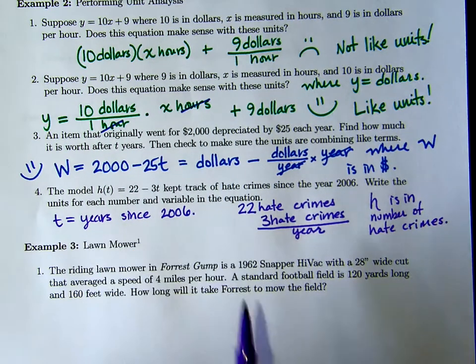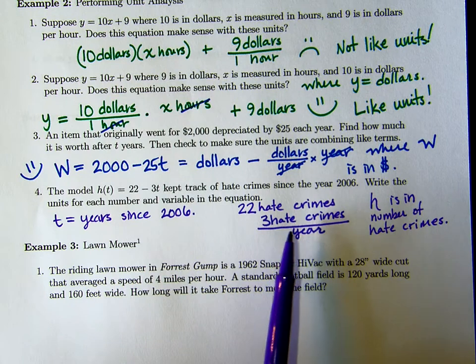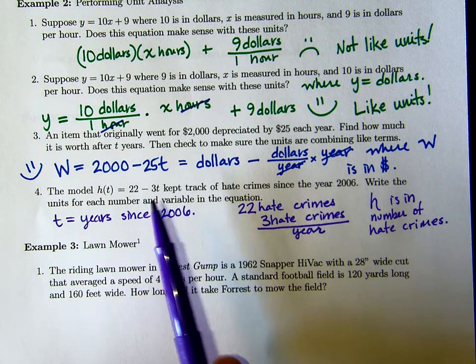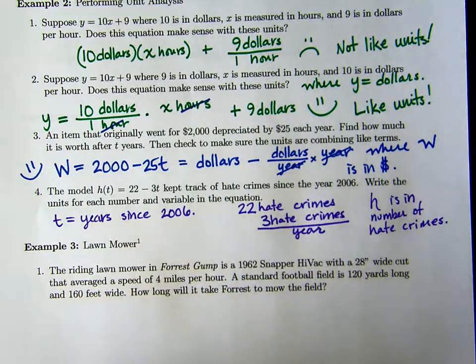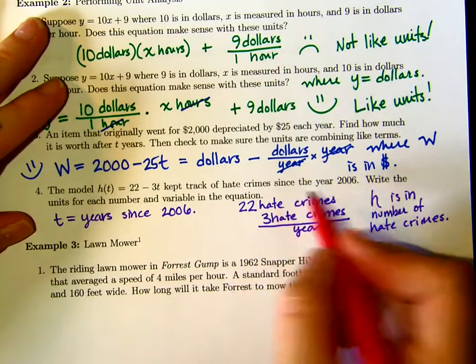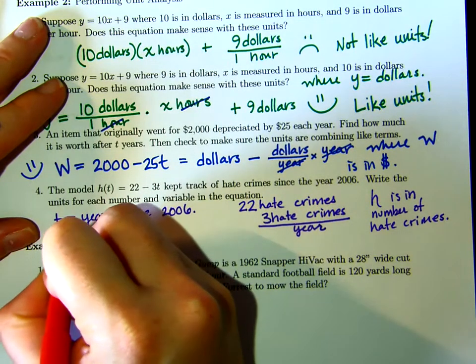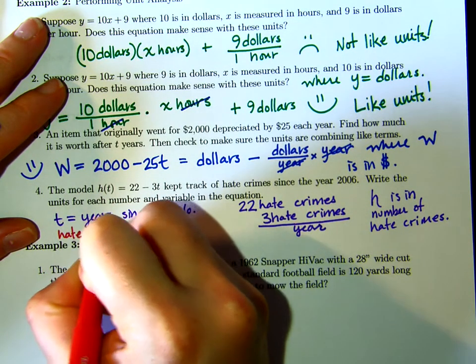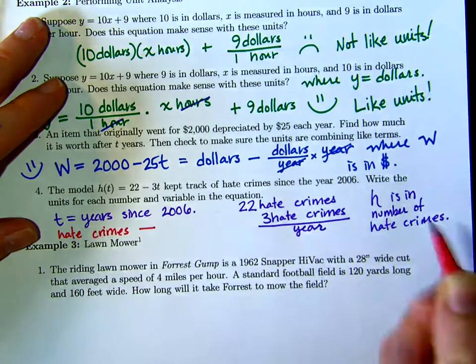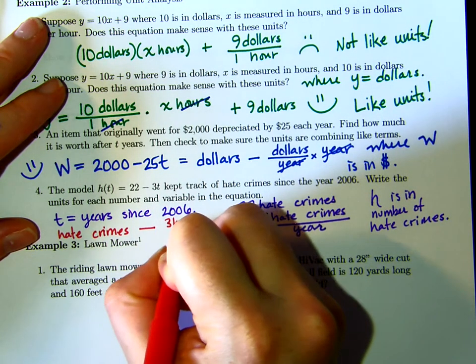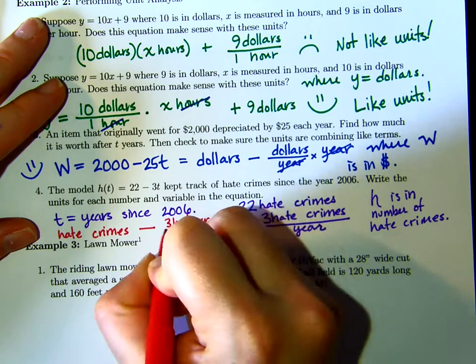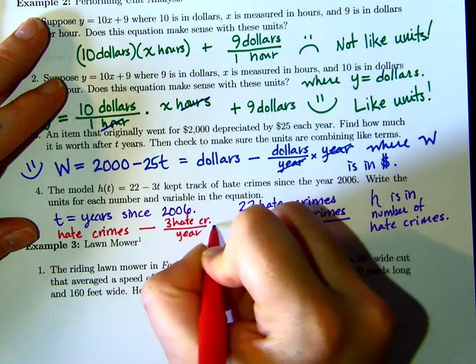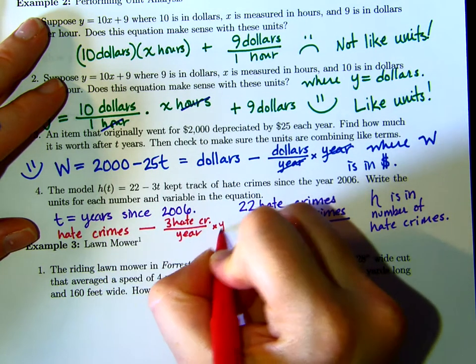Okay, so what that means is that if we take 22 hate crimes, take away, you know what, I'm just going to write it instead of say it, right? So we have the 22 is hate crimes, take away 3 hate crimes per year times the number of years.